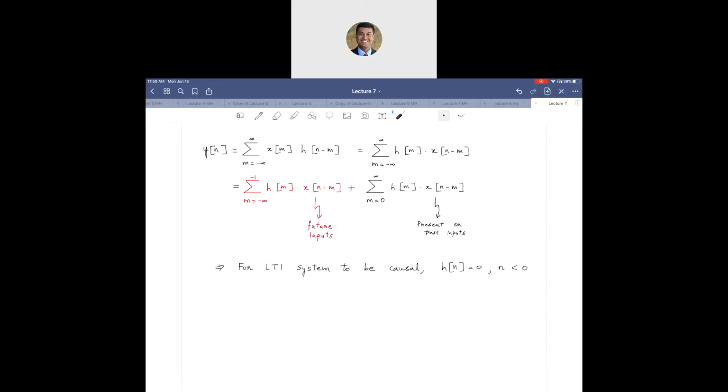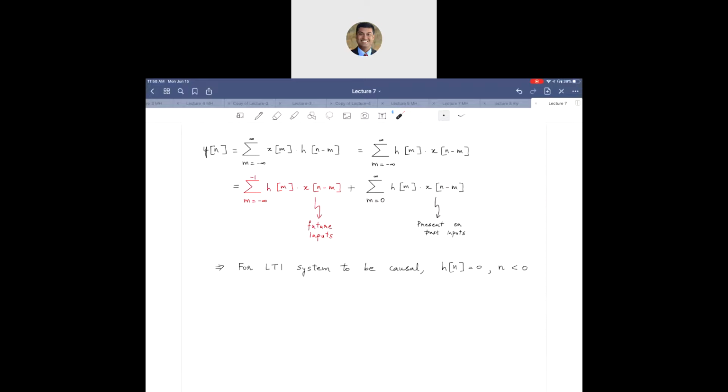The output-input relationship we did earlier. Now we are focusing on the impulse response. So I cannot enforce that this should be 0, because that's an input. It's in the user's control. But I can enforce h for causal systems or for memoryless systems, because it's a property of a system, not the signal.